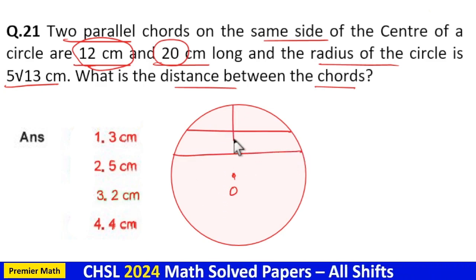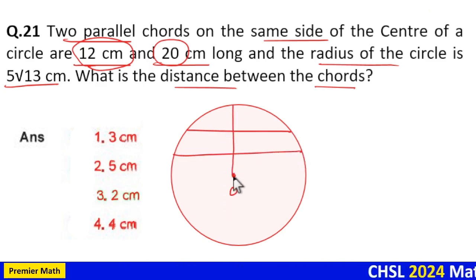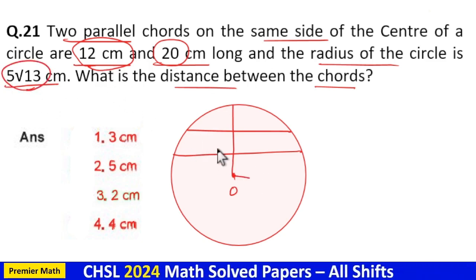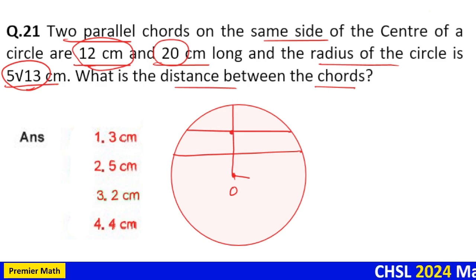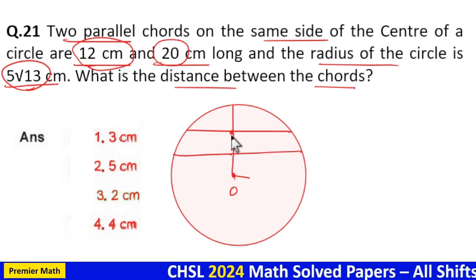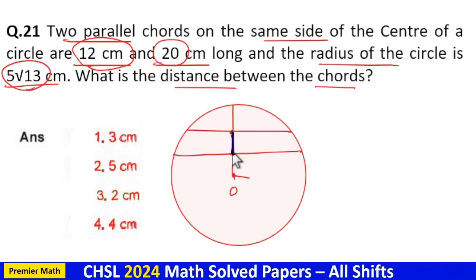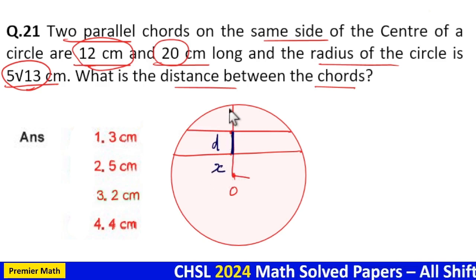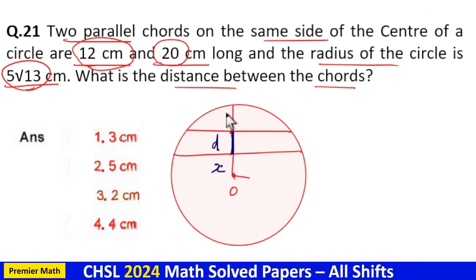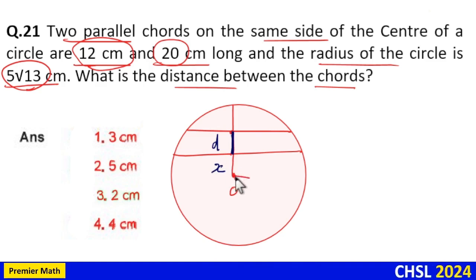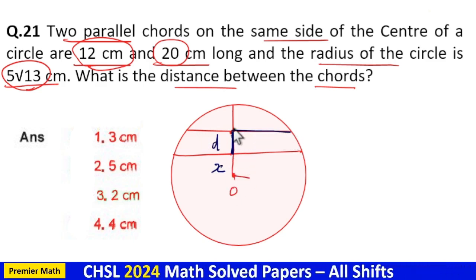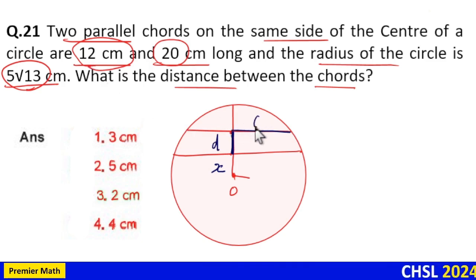Now we have radius here. Radius is equal to 5 root 13 cm. Now we have to find the distance between these two chords. That is this distance. I'll take it as D. Now we have X here. Now this is 5 root 13 cm total radius. If I take this length, it is half of chord length 12, that is 6.